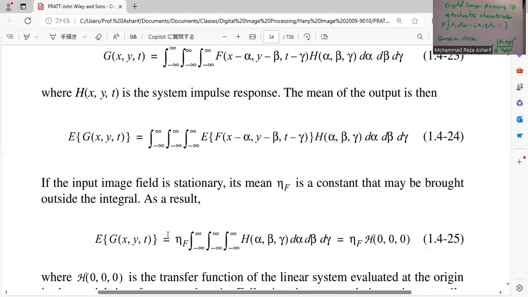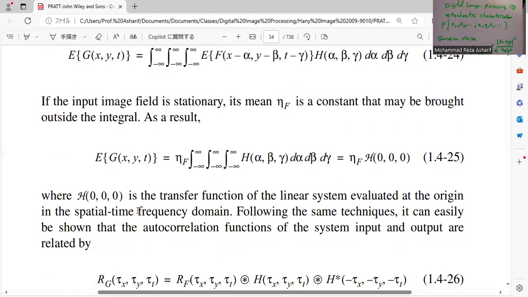The expected value of f is constant, so it comes out. And then this is the DC of the impulse response h, the Fourier transform of the impulse response at the zero frequency. This is a function of the linear system evaluated at the origin in the frequency domain.